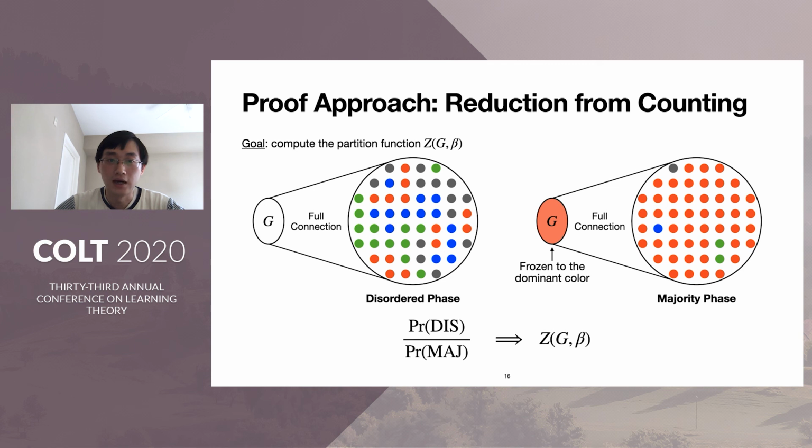But where G comes into play is that it will influence the ratio of the probability of seeing the two phases. In other words, if you know the ratio of the probability of the two phases, you can compute the partition function of G.